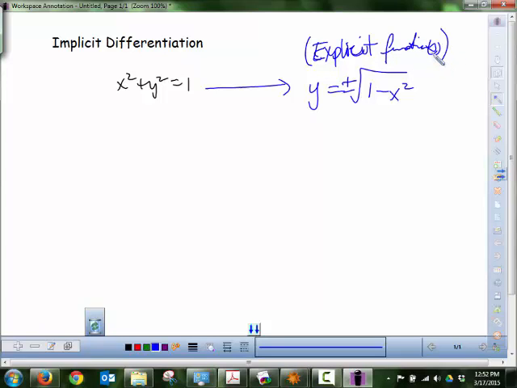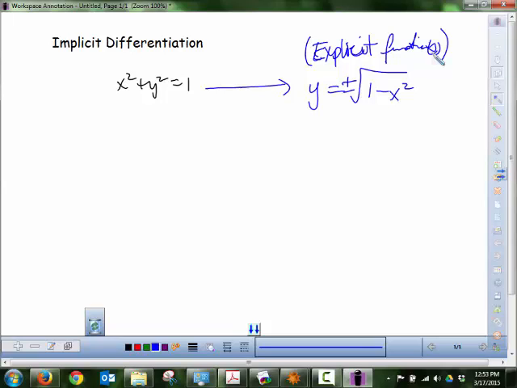So it might be good to look in the dictionary at the definition of explicit and implicit, see what they actually mean. You know how sometimes math terms are different from regular terms? But I think explicit and implicit in this scenario is pretty close to what they actually mean in math.